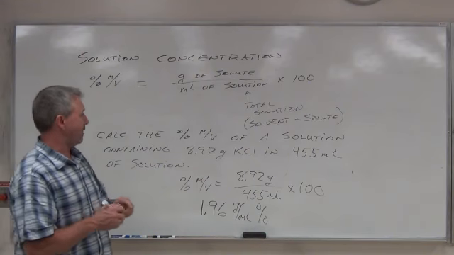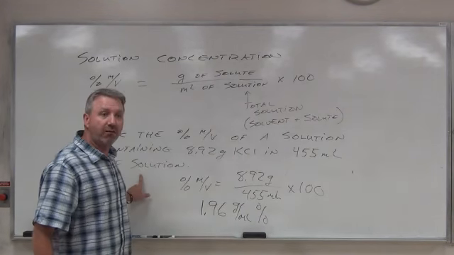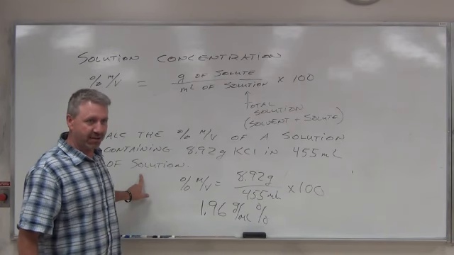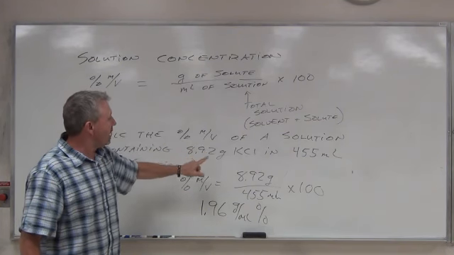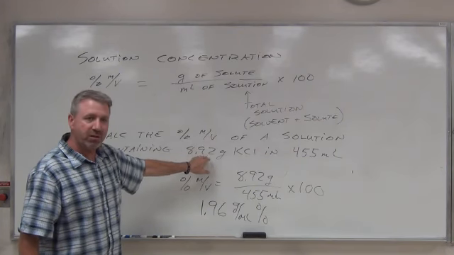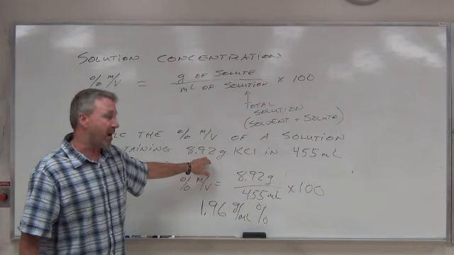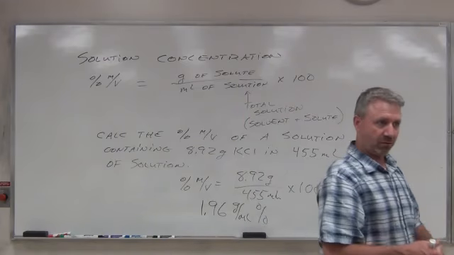Now, notice if they'd given us 455 mils of solvent, they gave us just solvent and not solution, right? We could not do this problem unless we knew the density of the KCl. We'd have to know what volume this amount occupied so that we could add them together to get the total solution.